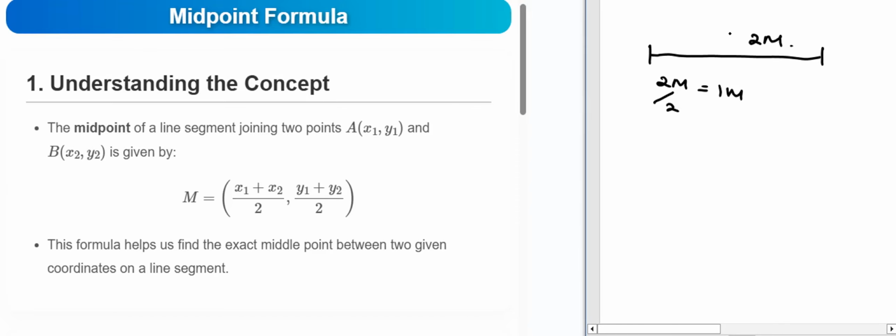For me to divide this line into 2 equal distances, I need to have 1 meter for each piece, like this. And here, where they meet, this is the midpoint of the line. So basically, when we talk about midpoint, it's just the point where it divides the line into 2 equal parts.